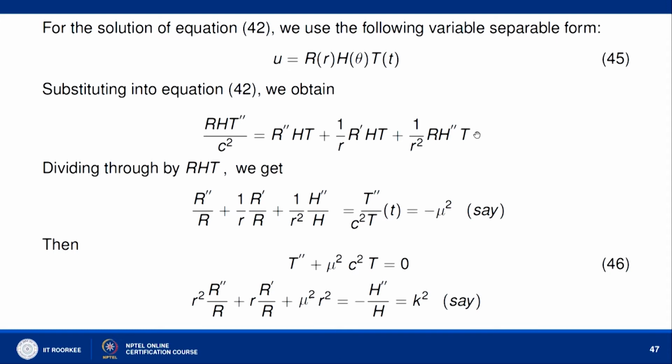So our equation is now reduced to T double dash plus mu square c square T equal to 0, and r square R double dash upon R plus r R dash upon R plus mu square r square equal to, now here also we separate r and theta, minus H double dash upon H equal to k square. Here we use the separation constant k square.